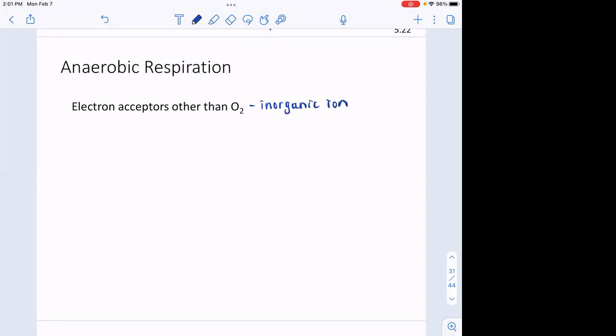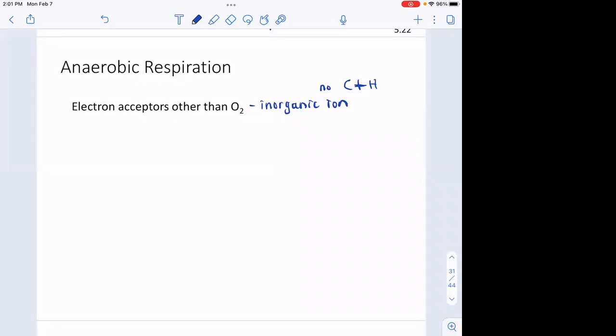I think there are a few exceptions to that, but usually some inorganic ion. So remember, that means there are no carbon-hydrogen bonds. So some kind of inorganic ion.